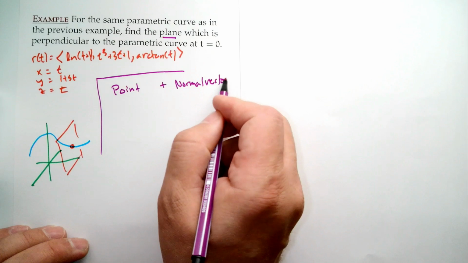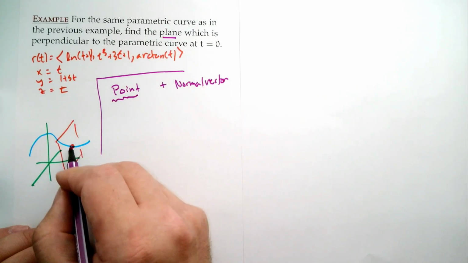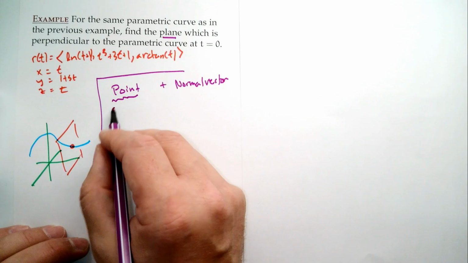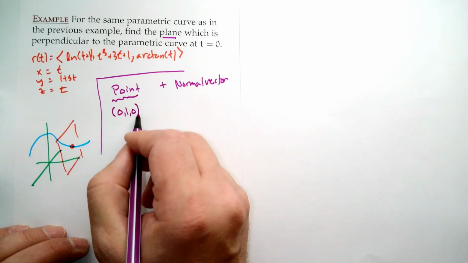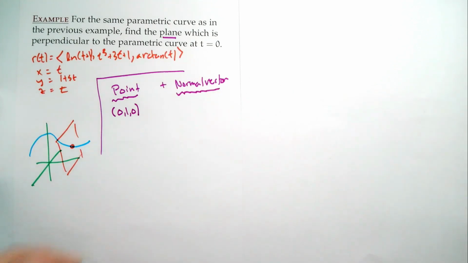Now, what can we do? Well, for the point, I need to slice the curve, so it's going to be the point on the curve. And we established that that point was 0, 1, 0. What about the normal vector? What do you need? We need the derivative. So why? What is that normal vector coming from?